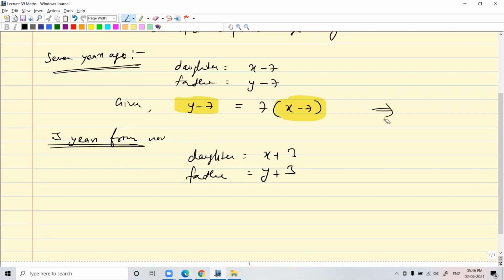Of course, you will simplify this. Don't leave it like that itself. Simplify it further and write it in the standard form of equation. I left it like this over here, but you simplify it. So the father is Y plus 3, that means the father is 3 times the daughter, that is X plus 3, 3 times of.